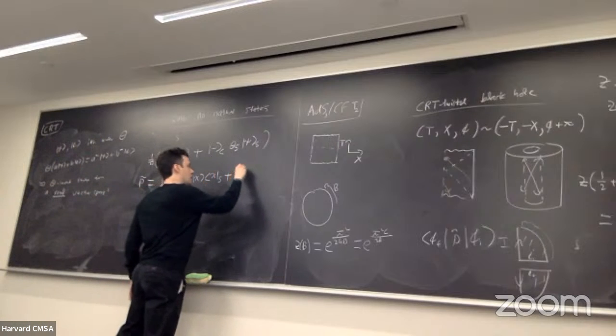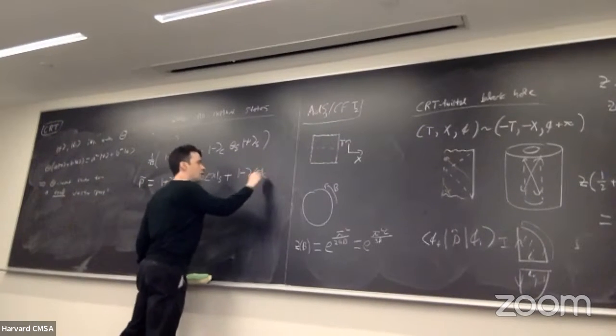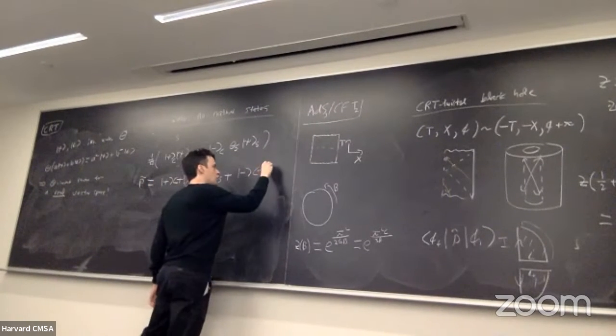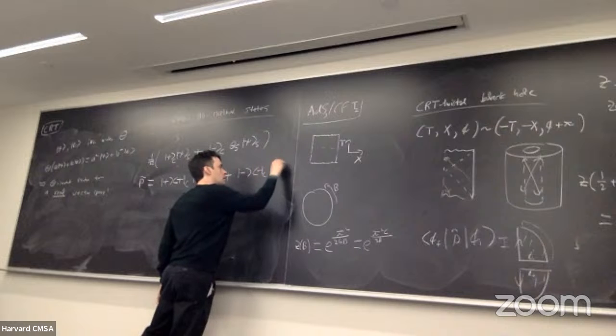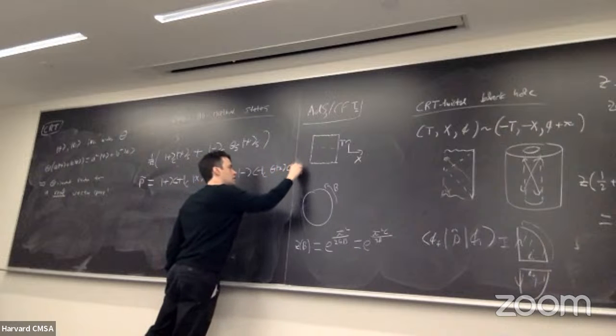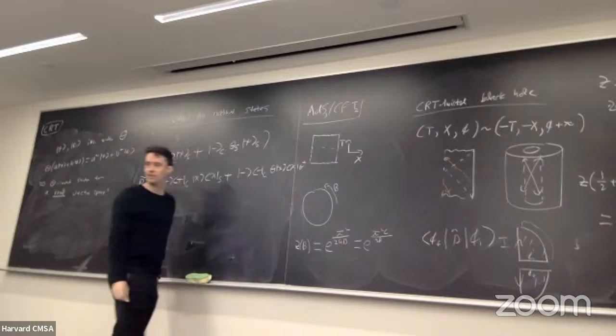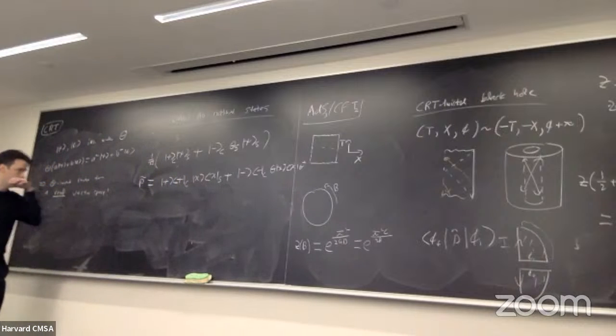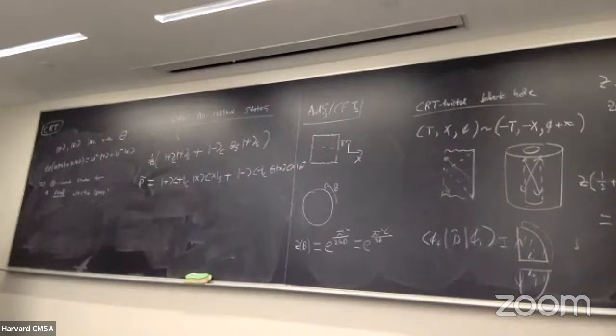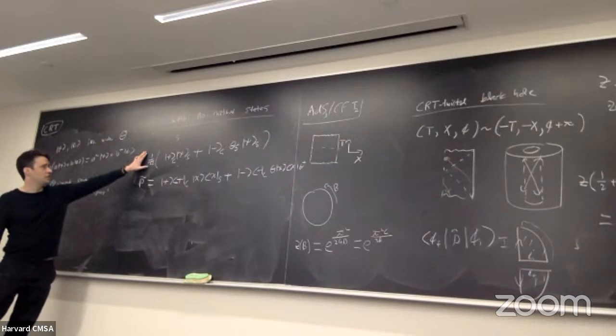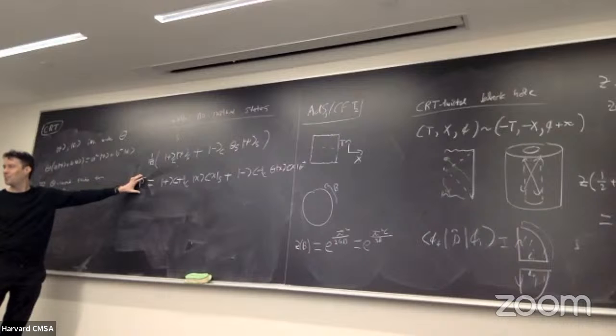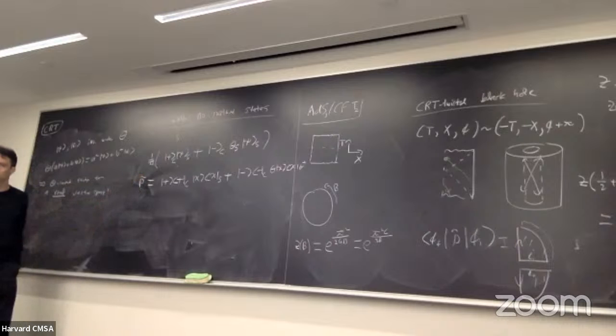But then I also have to check if the clock is going backward in time, and if so, then I check if the system is in the CRT conjugate of chi. And this is again a CRT invariant projection. So this is a state in a real vector space. This is an operator on a real vector space.